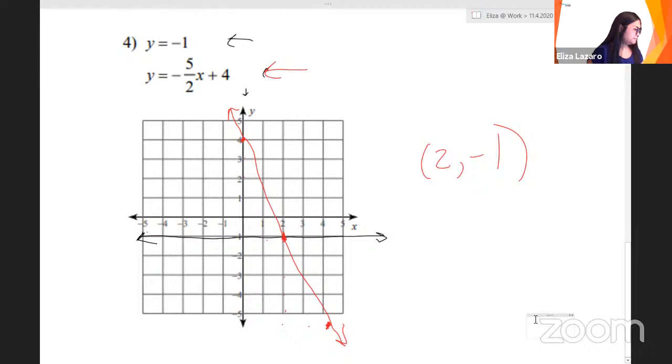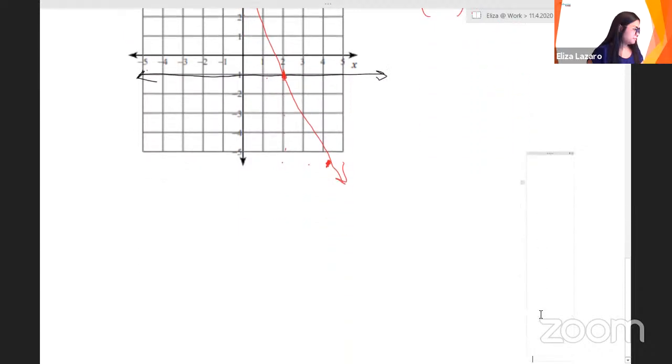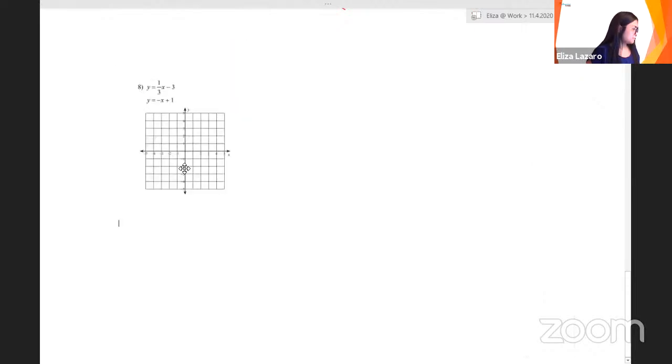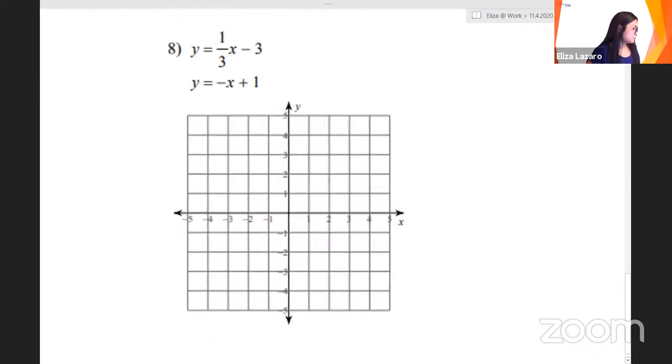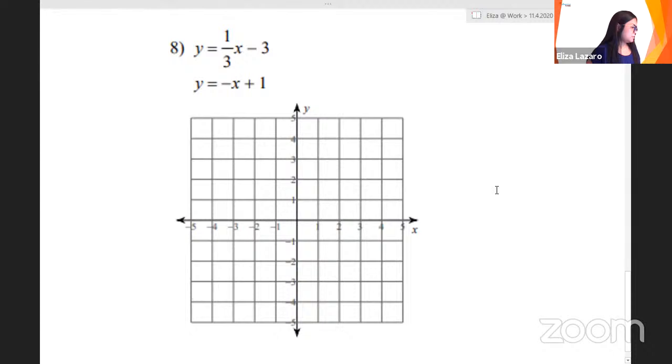While I go find more problems for us to do, go ahead and try solving that on a piece of paper and see what you get for your solution.